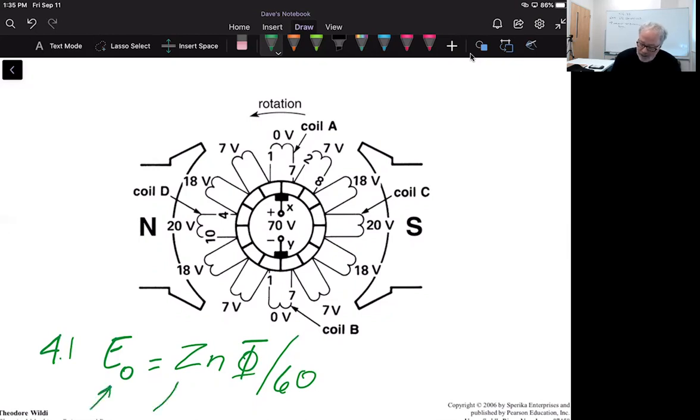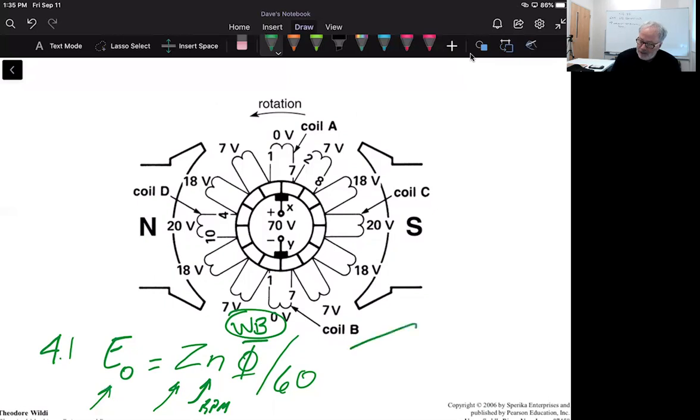The Z number is the total number of conductors that reside on the armature. The N is the speed of rotation, and that's in RPMs. And this is the flux per pole, and that would be in Webers. So it's the flux per pole, not flux density, which is Tesla, but flux per pole, which is in Webers.